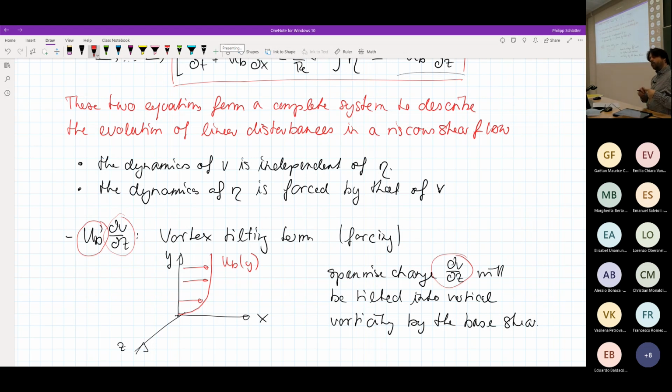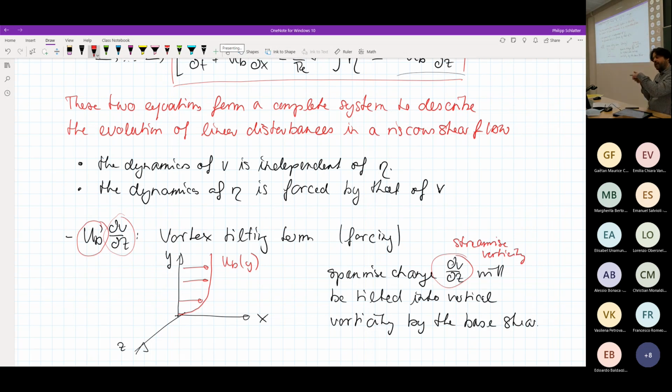this you can also view as essentially streamwise vorticity, because if you have the flow going like this, and you have v changing as a function of z, this essentially corresponds to streamwise vorticity. So this span-wise change dv dz, this would be streamwise vorticity.